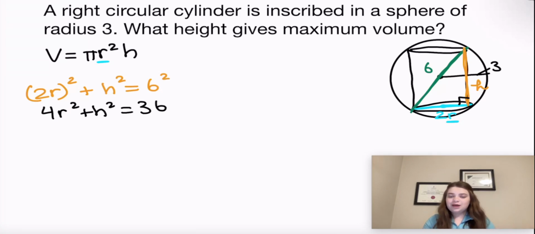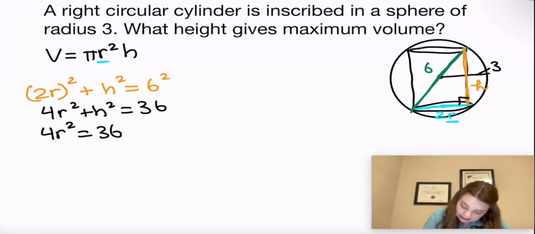We could do it either way, but it might be slightly faster to solve for r squared here. So let's try that. I'm going to subtract h squared from both sides to get 4r squared is equal to 36 minus h squared. Then I'll divide both sides by 4 to get that r squared is equal to 9 minus h squared over 4.